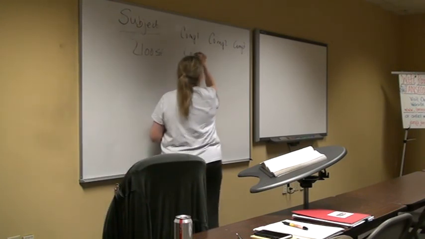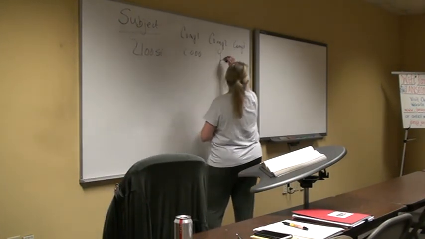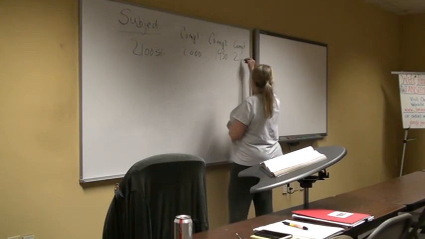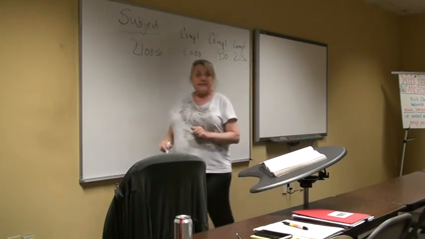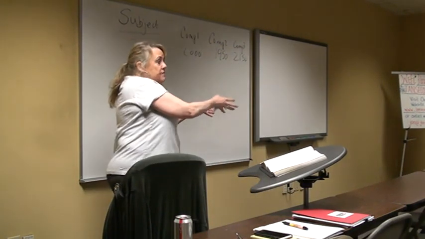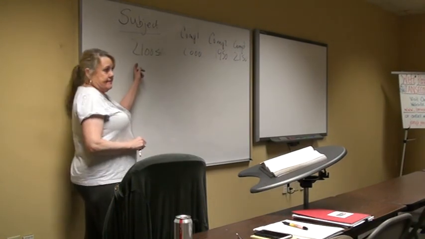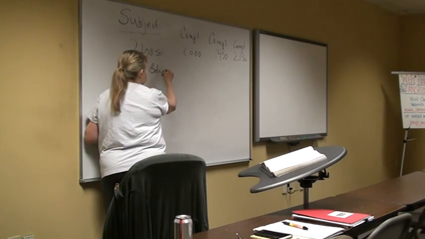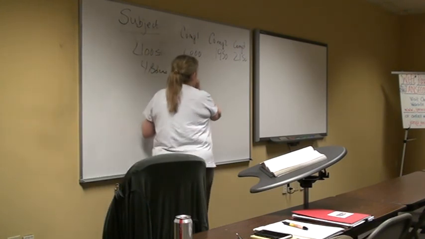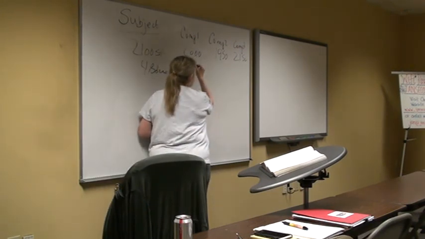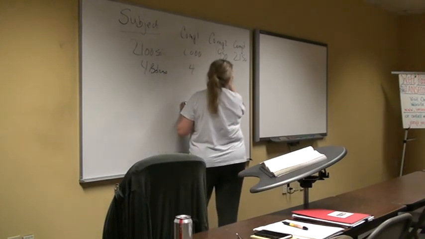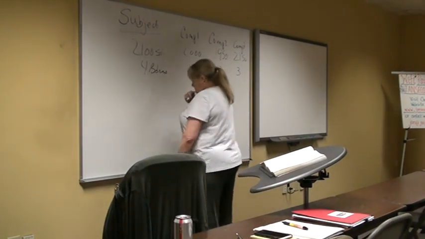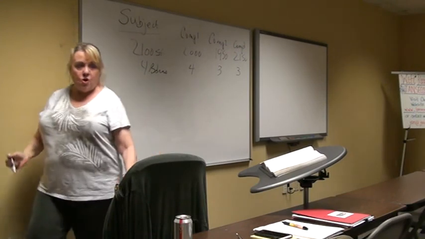It could be 2,000, 1,950, or 2,150. Those are pretty similar, aren't they? So they're looking for similar property. Could be 4 bedrooms, could be 3, but they're all similar, aren't they?